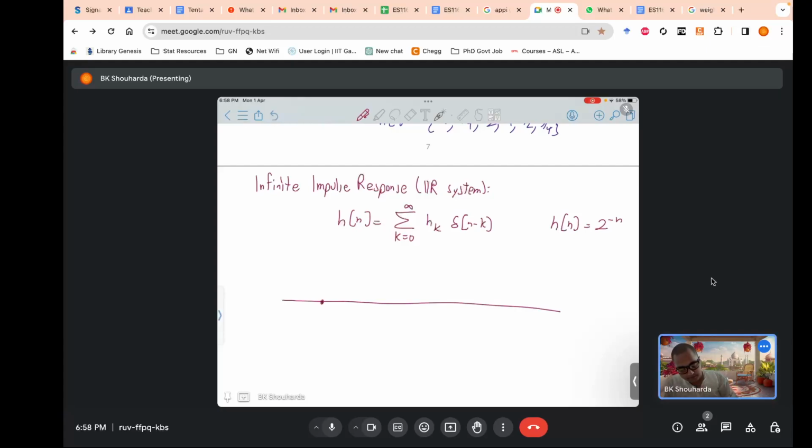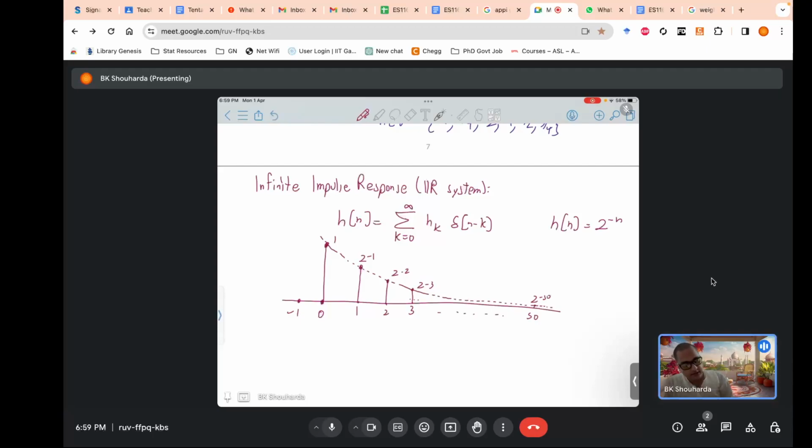Okay, 0, 1, 2. This is 1, this is 2 to the power minus 1, 2 to the power minus 2, 2 to the power minus 3, 2 to the power minus 50.